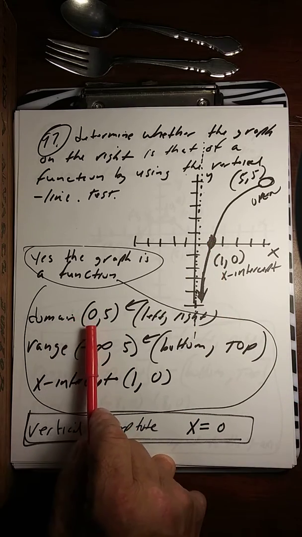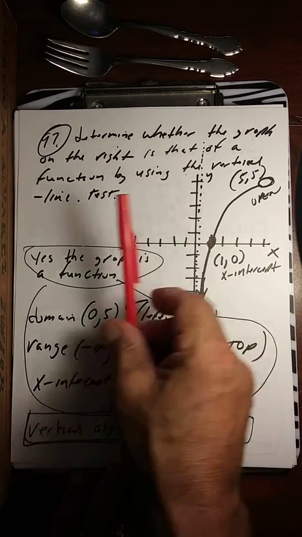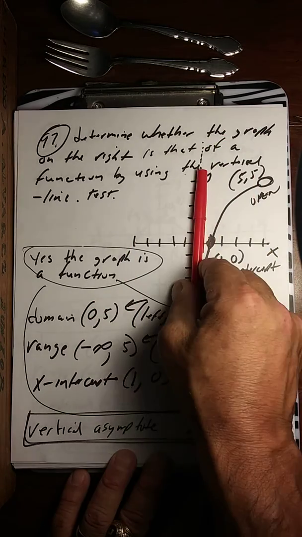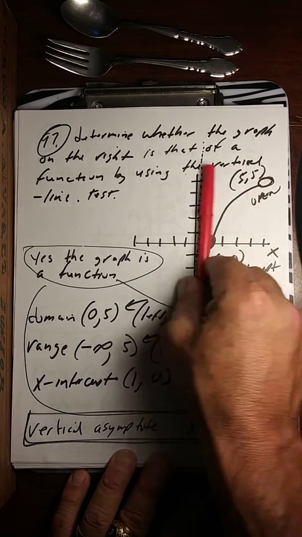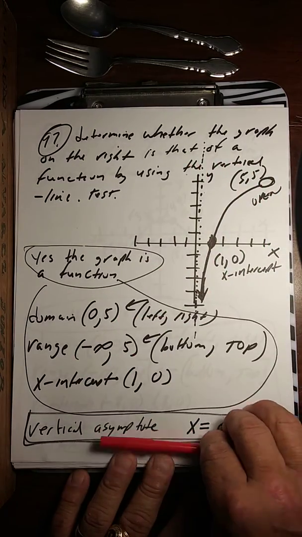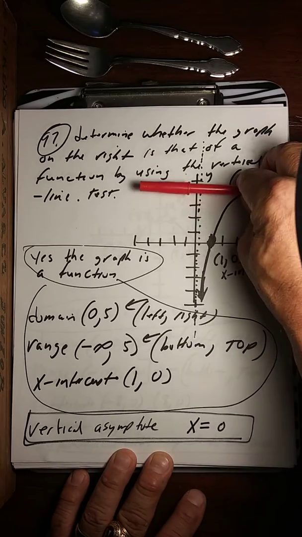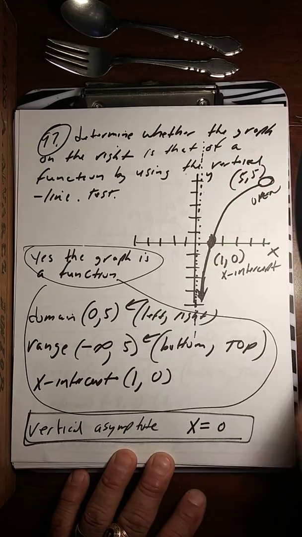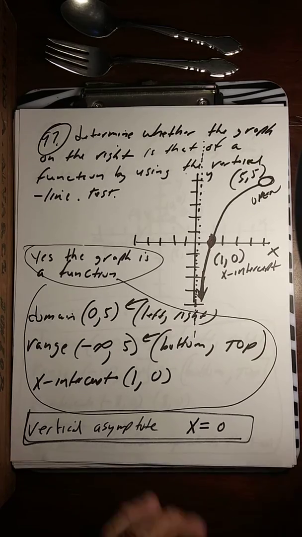So domain is left and right. So we know it's not going to go to 0. It's not going to get there. So from 0 to 5 right there, that's the graph domain. And the range goes from negative infinity, way down here, keep going all the way up to 5. You can think of it this way if you want, maybe.